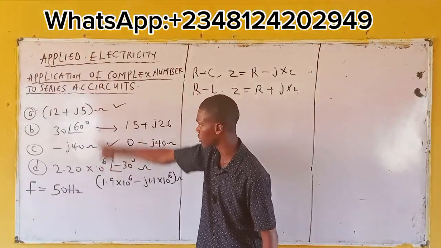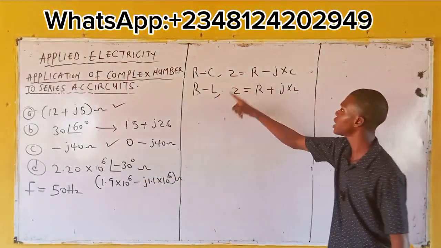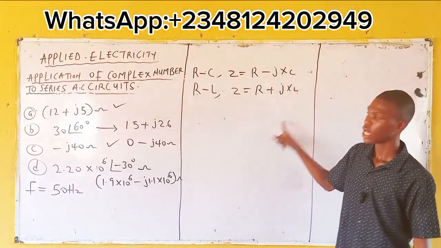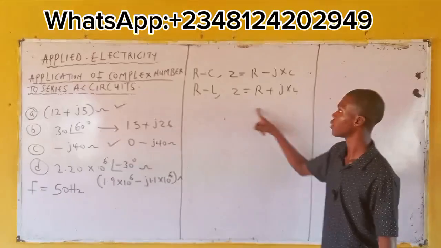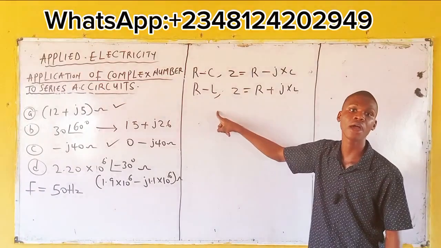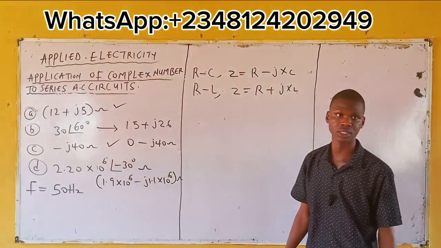So what it means is that answering this question, anyone that has positive sign, meaning RL circuit diagram. Are you getting me? From this question, anyone that has positive, you use this formula, meaning the type of circuit is RL series circuit. Anyone that has negative, what type of circuit is it?